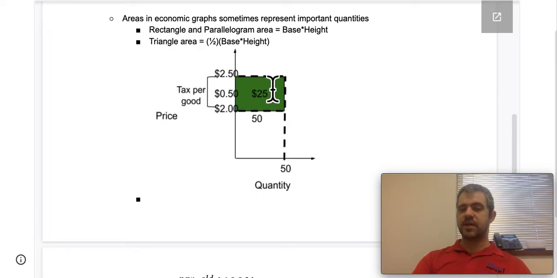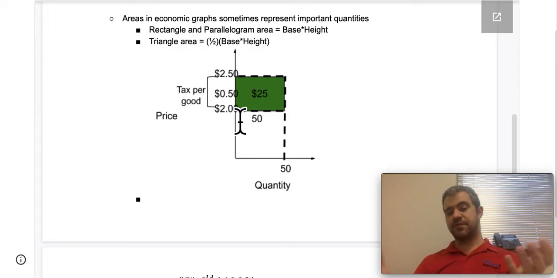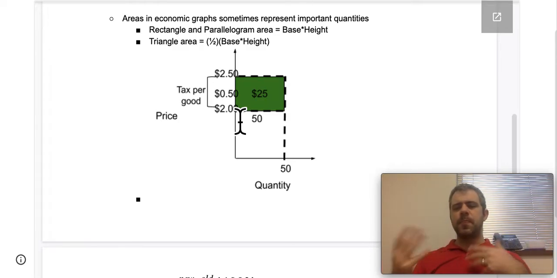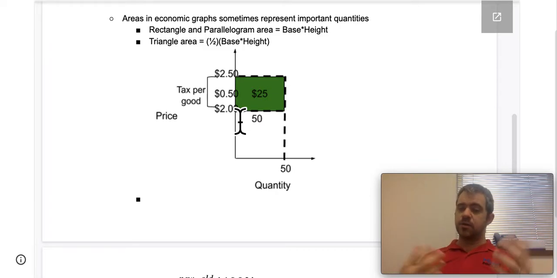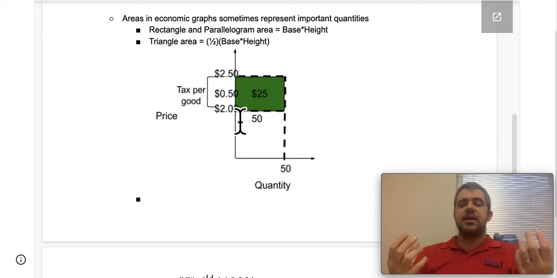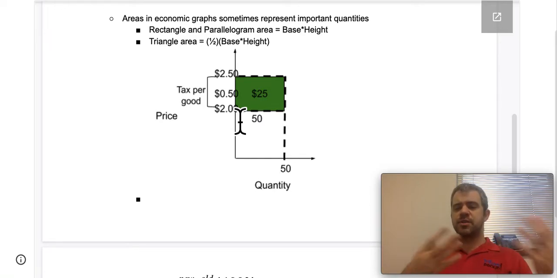So this rectangle right here represents the amount of revenue that is going to taxes, because it's 50 cents times 50. So what I'm basically trying to say is that, especially rectangles, they represent multiplication. And we can see these multiplications on these graphs.